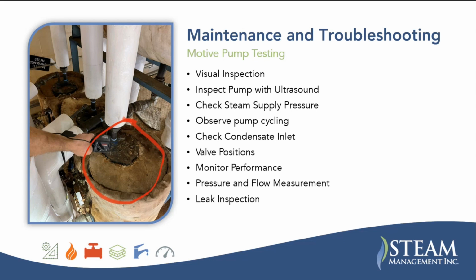You can check the pump with an ultrasound, just like you would test a steam trap. You can listen for the pump to cycle. Often when they've failed, it just sounds like it's blowing through. Sometimes it's not obvious that it's failed because the condensate can still flow through, but it generally is not going to flow through as well.